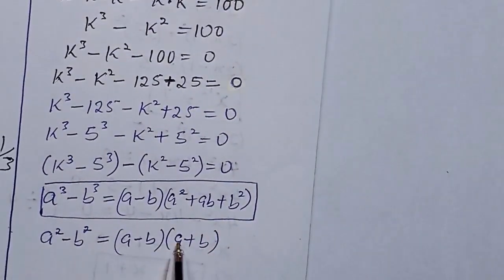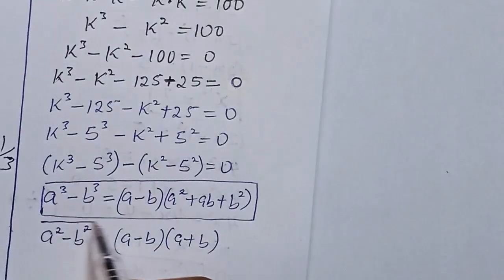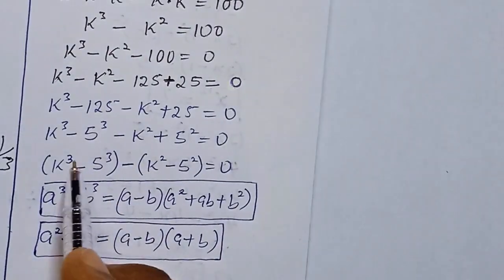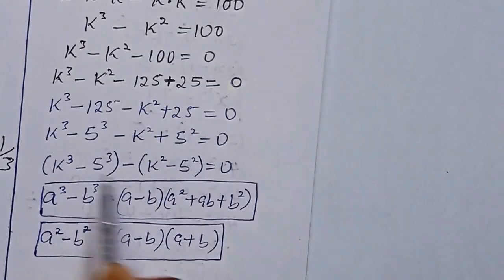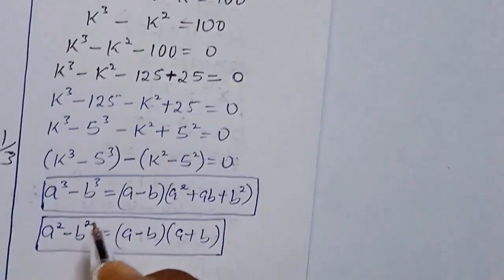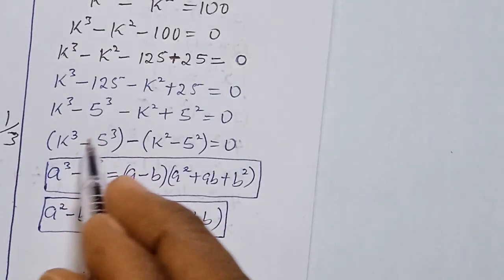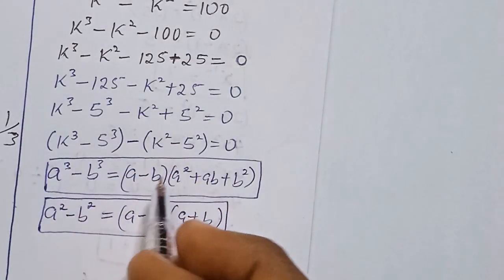So we use this identity for this term, and we use this identity for this term. And that gives us the expansion, the simplification of this.